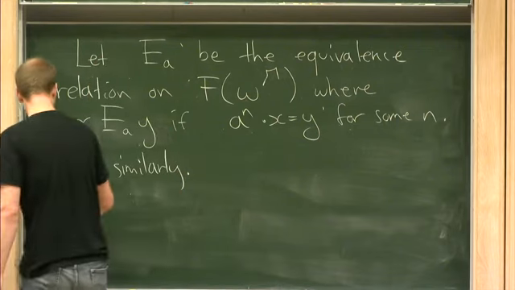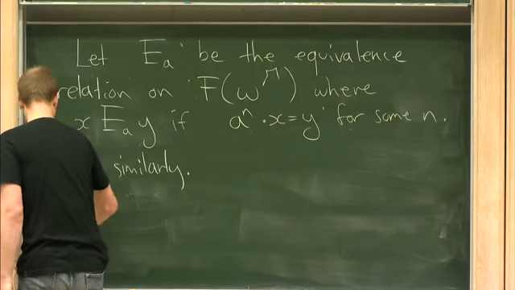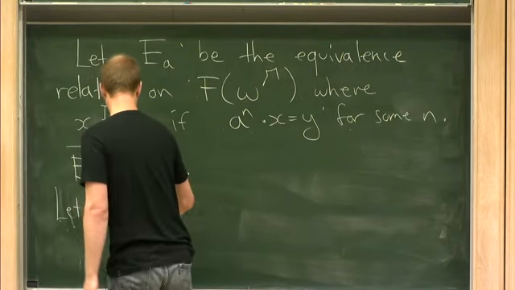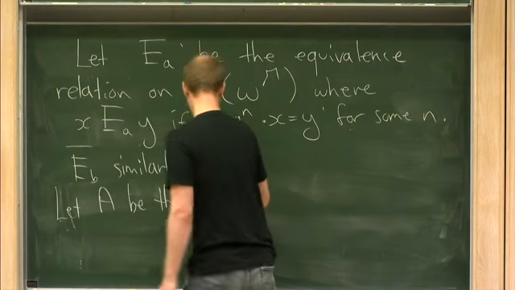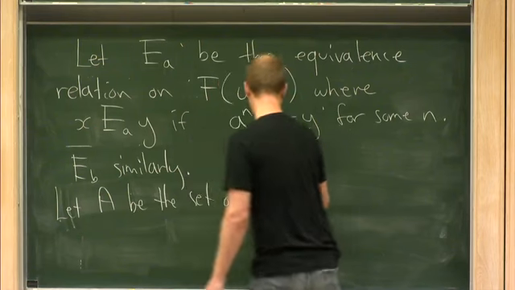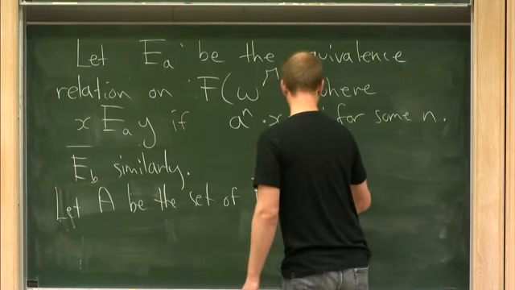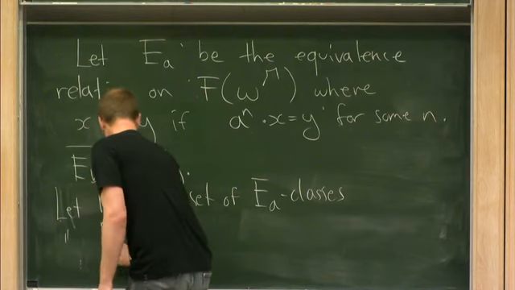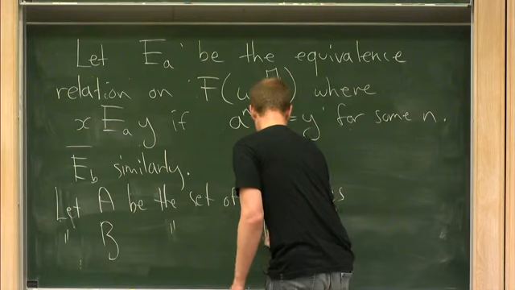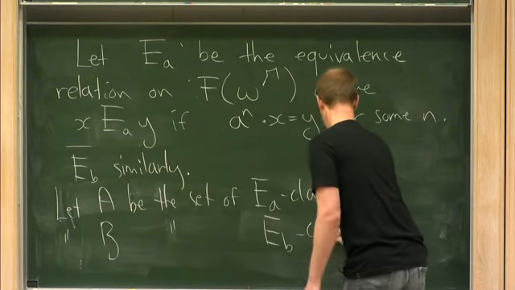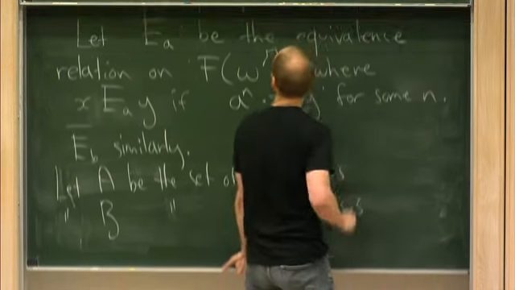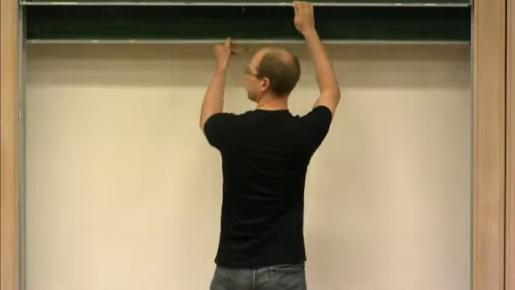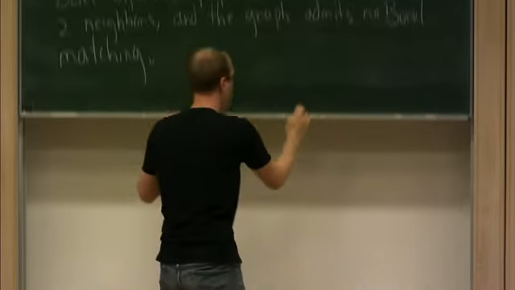So here's my bipartition. Let A be the set of E_A classes, and let B be the set of E_B classes. And the graph I'm interested in is the intersection graph on that set.